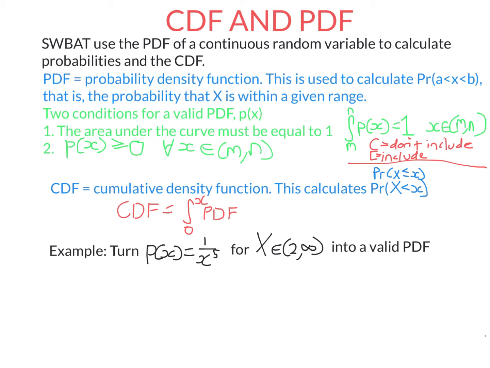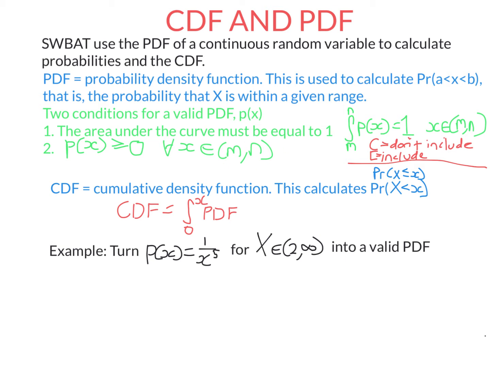The second condition that must be met is if you substitute any value of x within the range of possible values into the function, you must get an answer greater than or equal to 0. This function can only return values greater than or equal to 0 for x in the range of possible values.